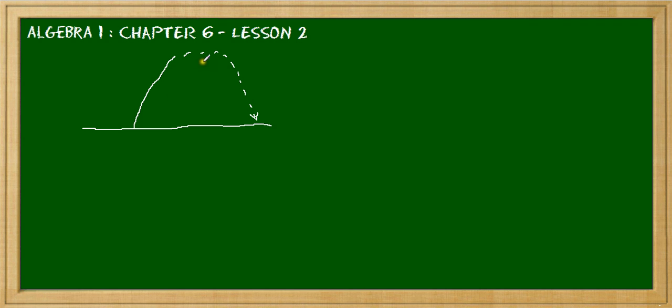And then we have the measurement of the height. This is going to be h. So we have h, and then we have a. Now we're going to talk about these, and that way we can better understand what exactly it is they're telling us here.